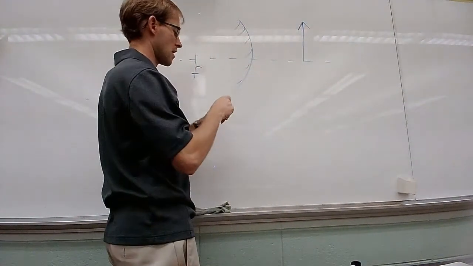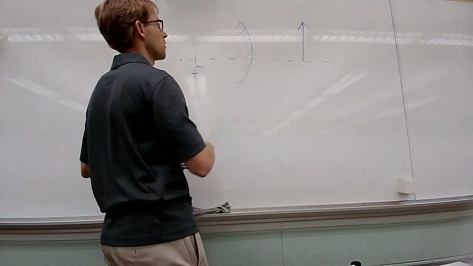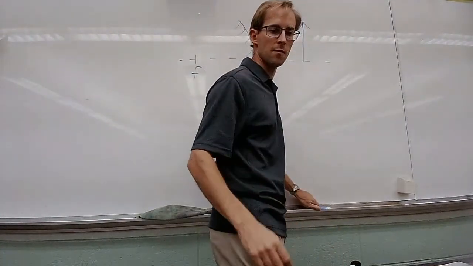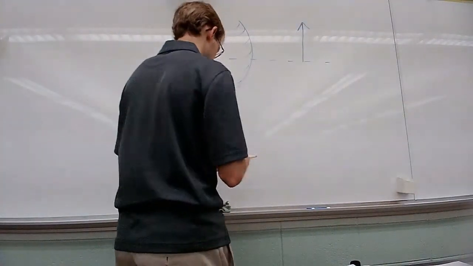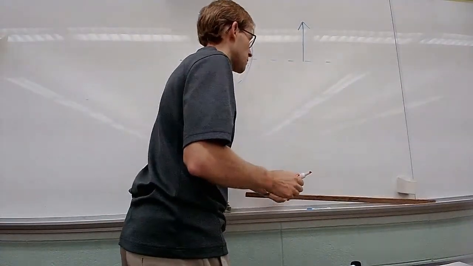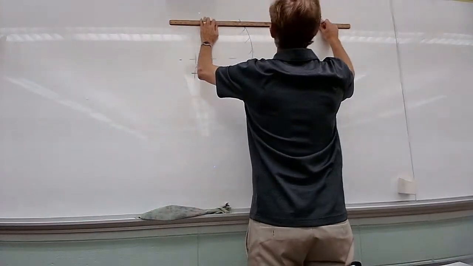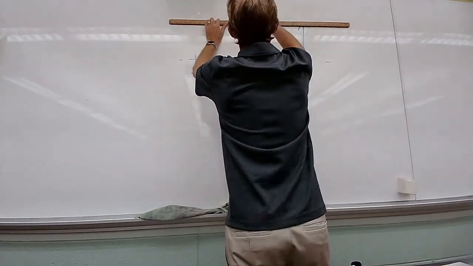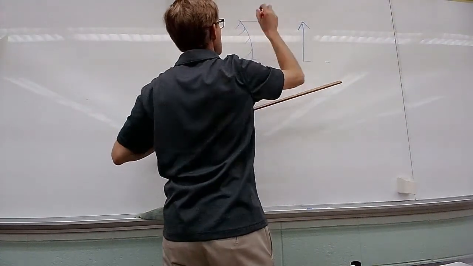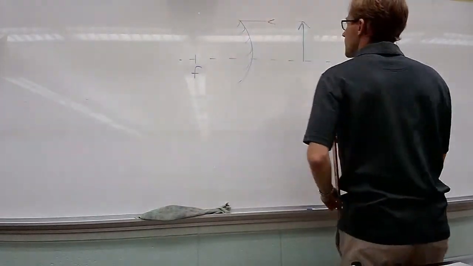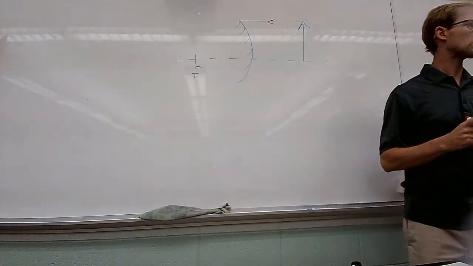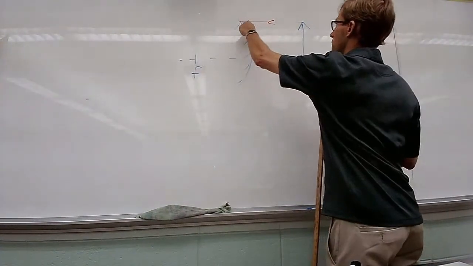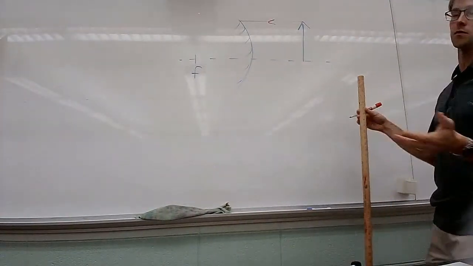So there's our object, there's our focal point. We got to find the image. First light ray is going to come in going parallel, no surprise there. Now if this was a converging mirror, that light ray would bounce back this way through wherever the focal point is.